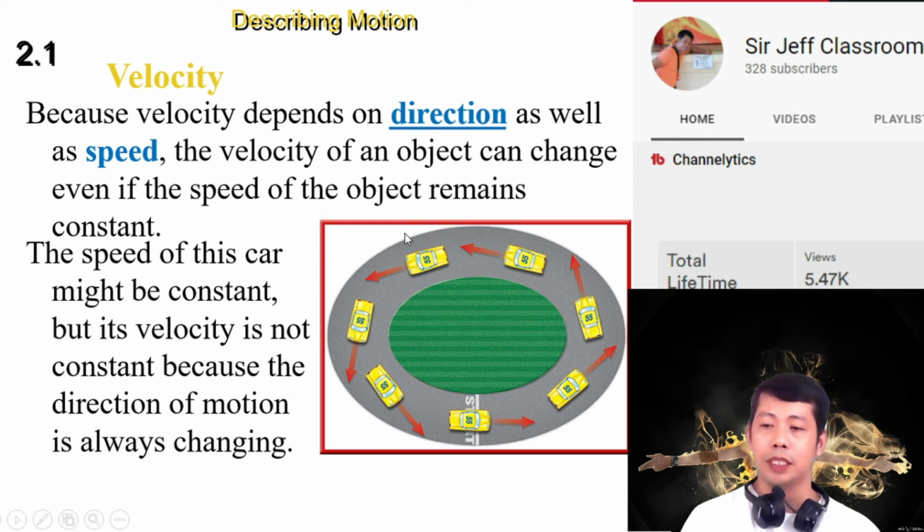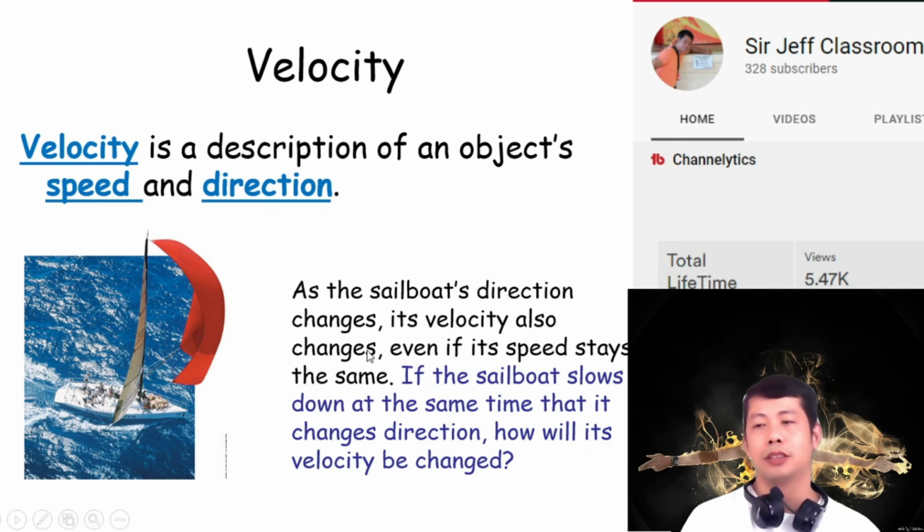So the speed of this car shown in the figure might be constant, but its velocity is not constant because the direction of the motion is always changing. Right? It's always changing indeed.